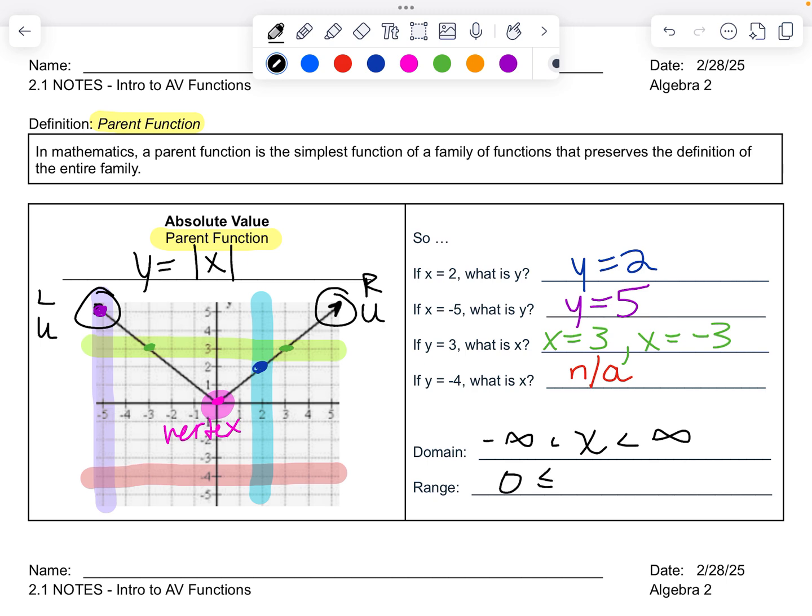So it is 0 is less than or equal to y, because that dot, that vertex, counts. It's a very big deal, in fact. And of course, since the arrows are traveling up, we're going to positive infinity. So that's a conversation about the parent function. Everything we do in this unit is going to be based off of that and how we will be able to move the different absolute values from that location.